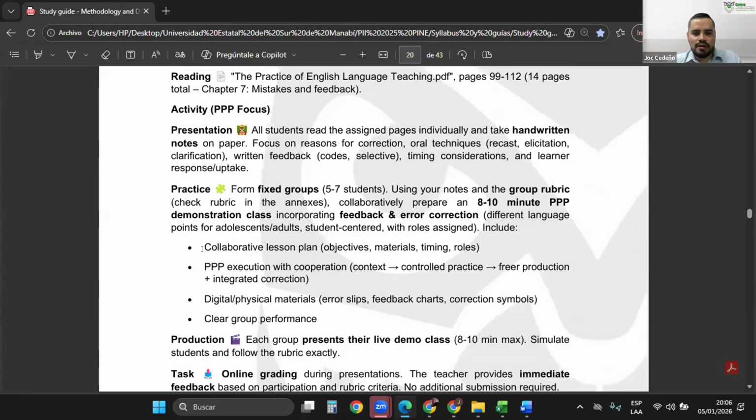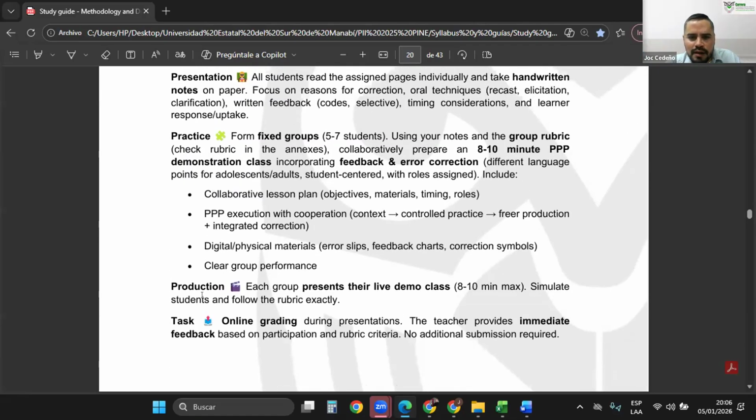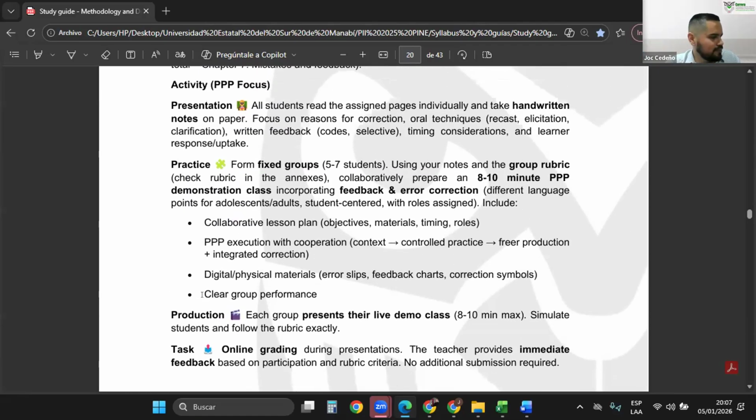And remember that the roles are: one person will work on the lesson plan, another person will work on the present, practice, and produce stages. Another person can create digital or physical materials. And one of you has to be the teacher, another one has to be the student, etc. So everybody must participate. Okay?